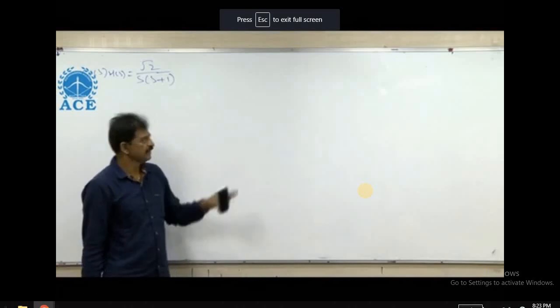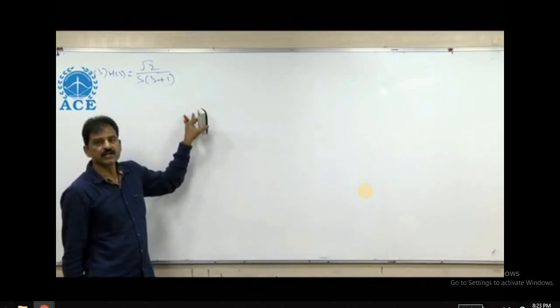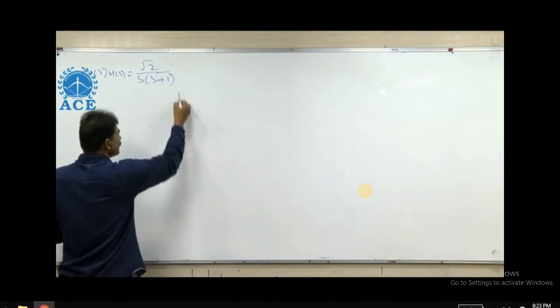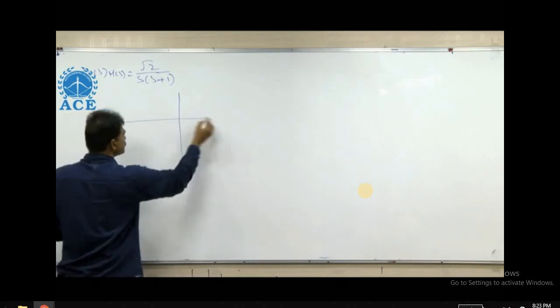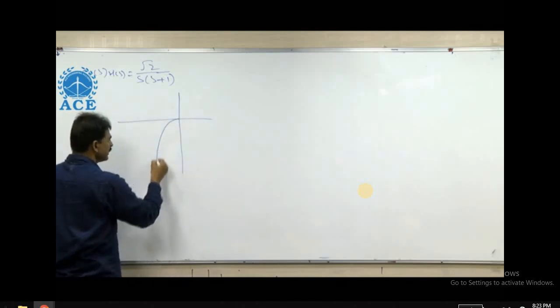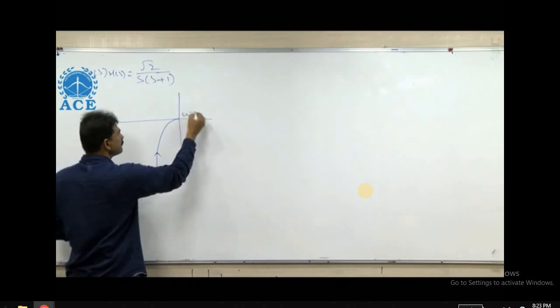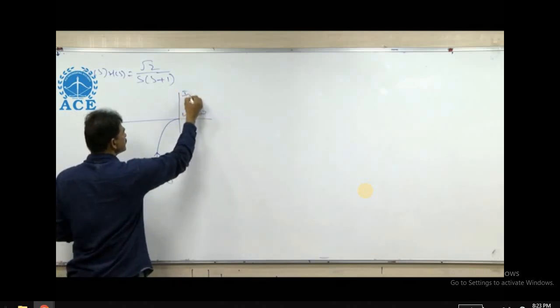Friends, this is a second order system. If you draw the Nyquist plot, it is like this. The omega 0 to infinity portion of the Nyquist plot is this.